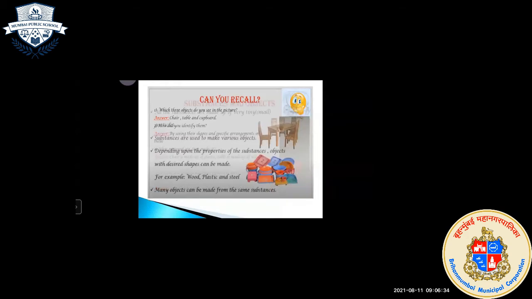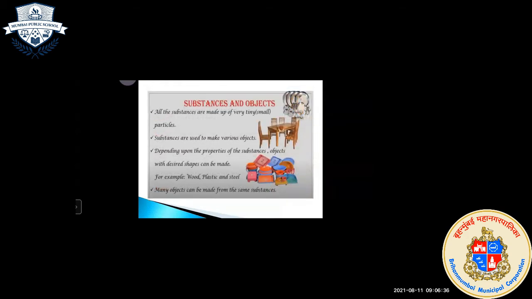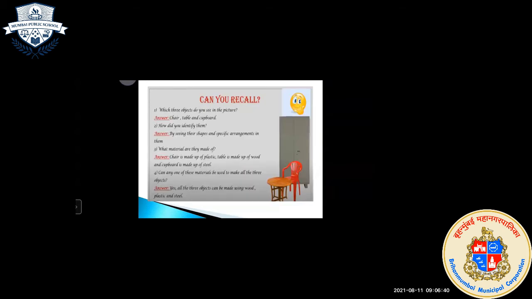Here you are supposed to give the answers on your own. These are for guidelines. Now see, with these proper shapes and arrangements, we come to know that this is a chair, this is a table, and this is a cupboard. Now, what material are they made up of?